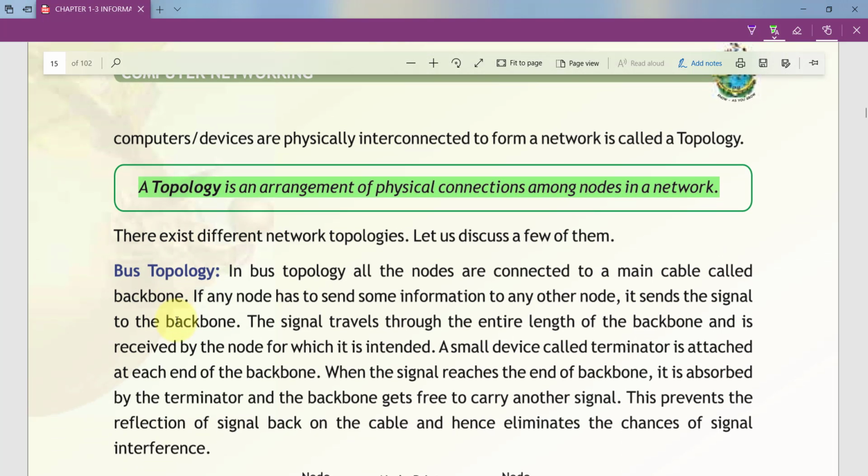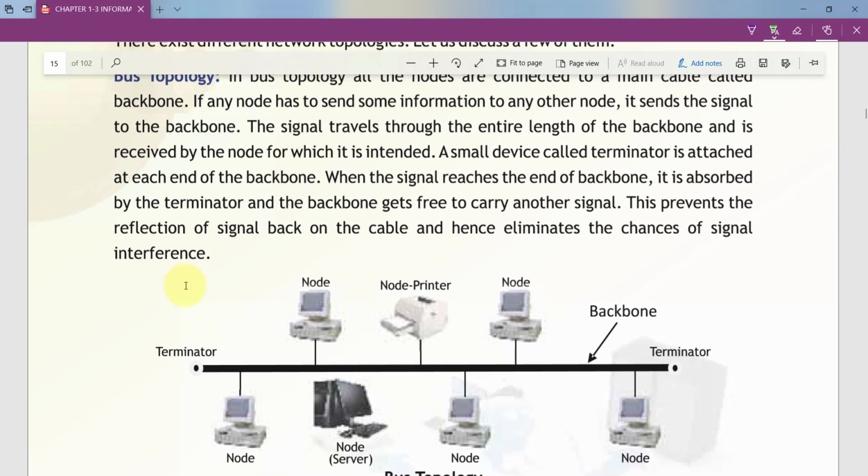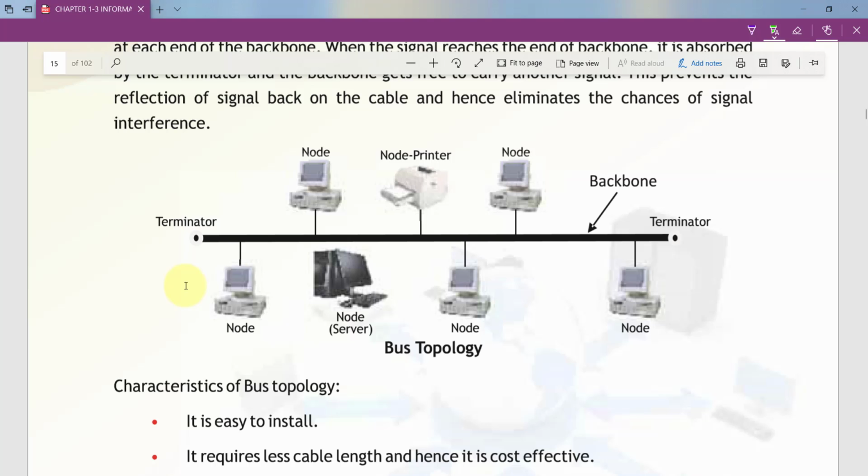The first topology is the bus topology. It looks like a bus. There is a single cable, and with this single cable, all nodes are attached. You can see this pattern.